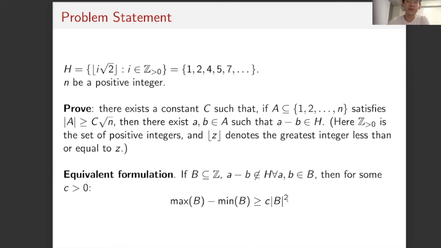In particular, if the size is k, which we will use later, then the order will be at least omega of k squared.